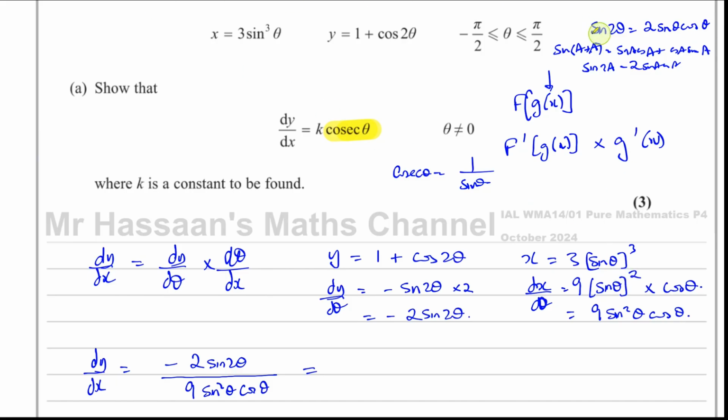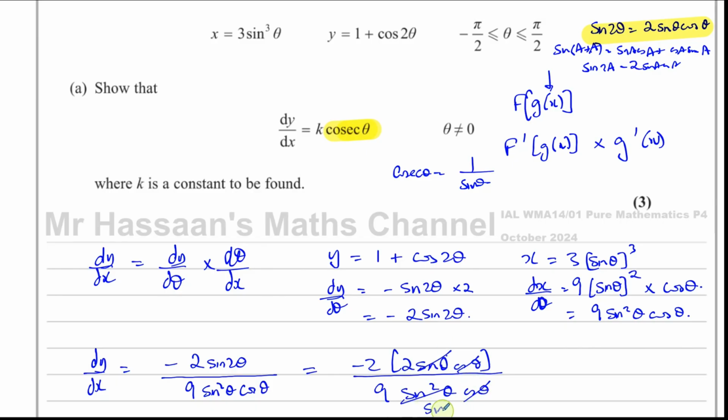So we can use this formula here to change this. And this will now become minus 2 times 2 sine theta cosine theta, over 9 sine squared theta cosine theta. Now one of these is going to cancel out, and this will cancel out.